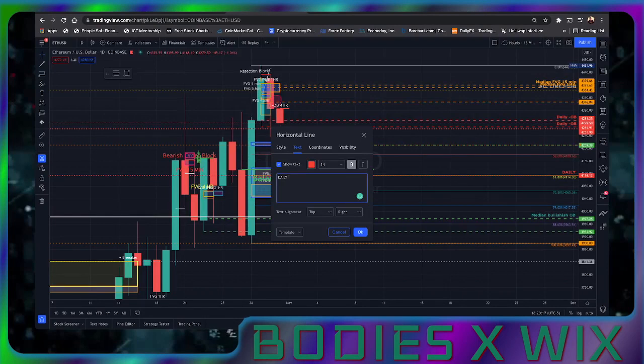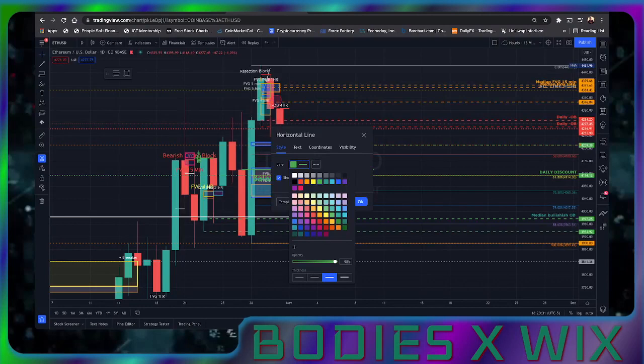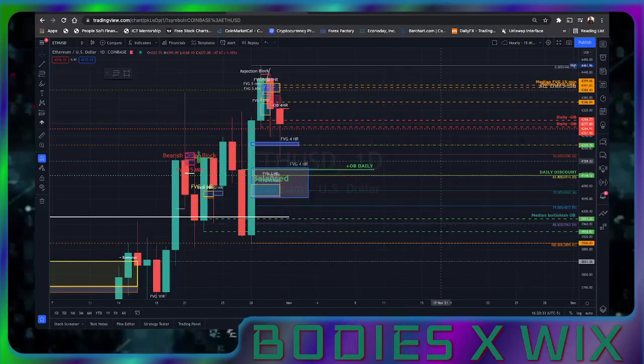So this is going to be daily discount. And I should probably mark this green, because green is where we're going to be buying, right? Because it's on discount. All right, there we go. Daily discount over here in green.